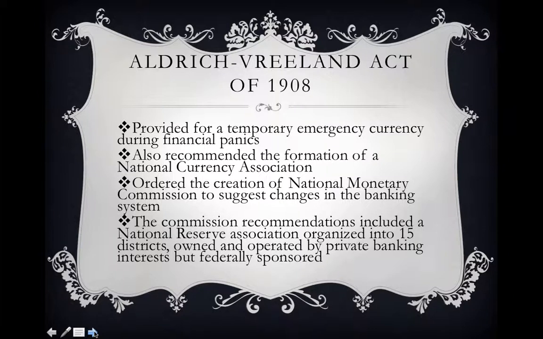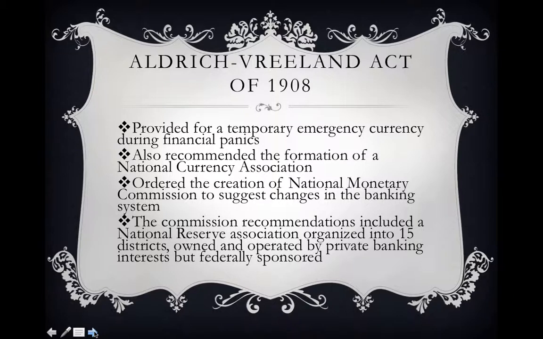All right, so here's a couple of acts on the national banks that you should be aware of. Number one, Aldrich Vreeland provided for temporary emergency currency during financial panic. So it legally gave the federal government the ability to provide temporary funds during financial panics.